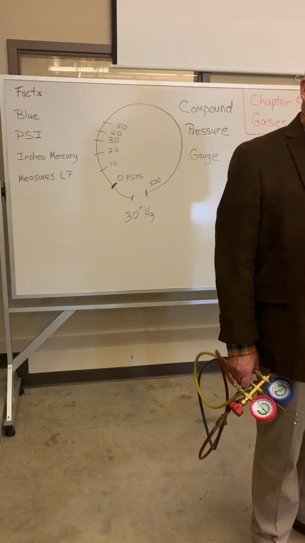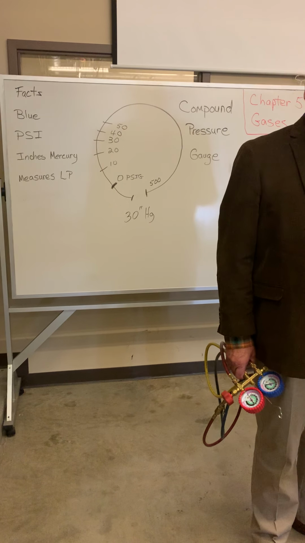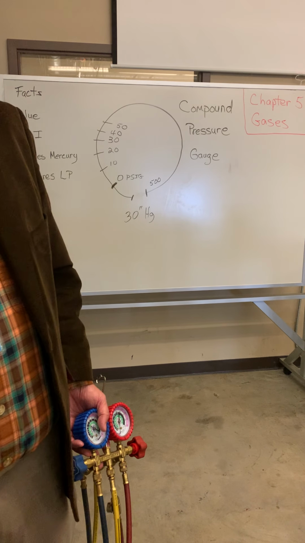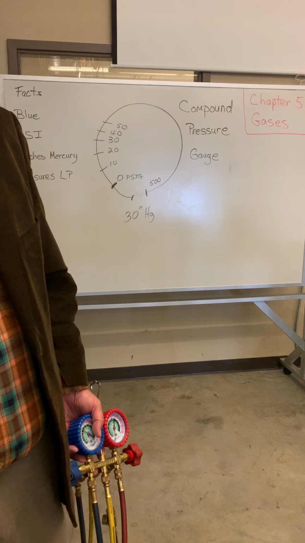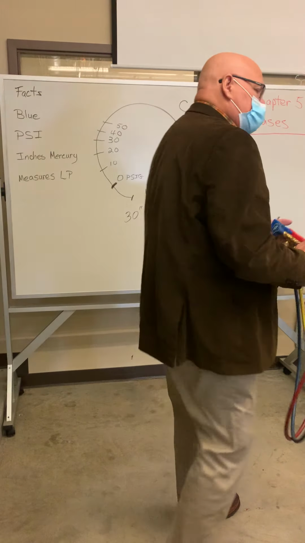It exerts force in all directions in the shape of that cylinder. If it's in this hermetic compressor here, which is filled with gas, the gas volume is shaped like this and is constrained to this. And if it's in the hose here, the pressure is equal all along the hose length. So the pressure always stays the same in all directions.